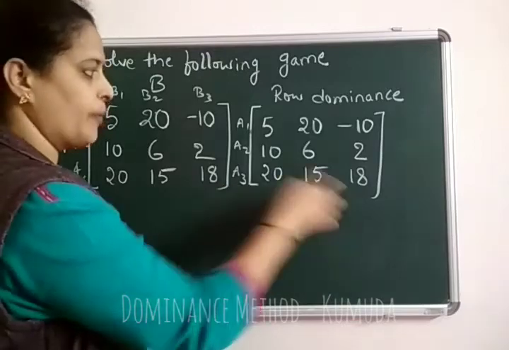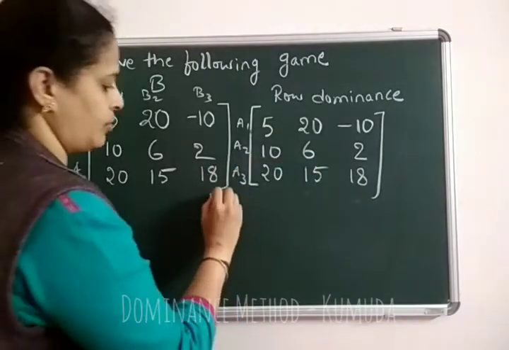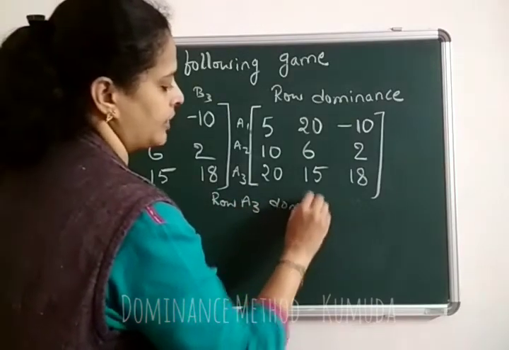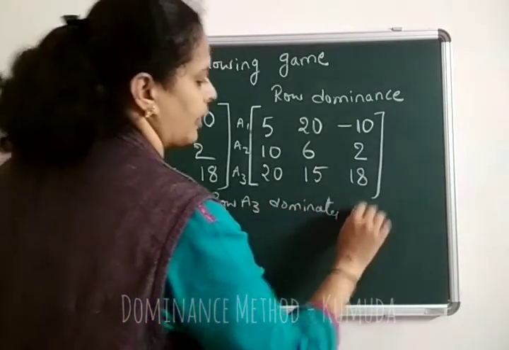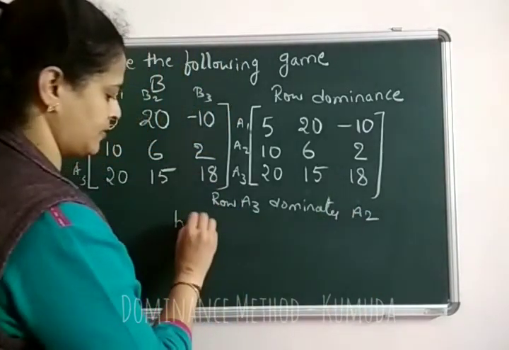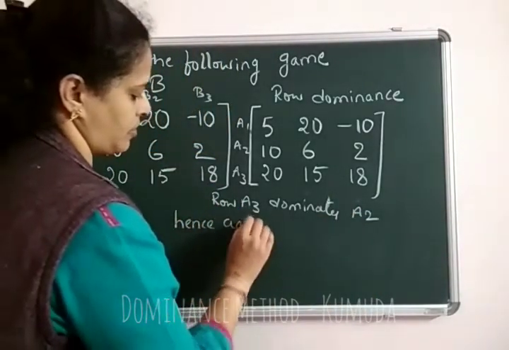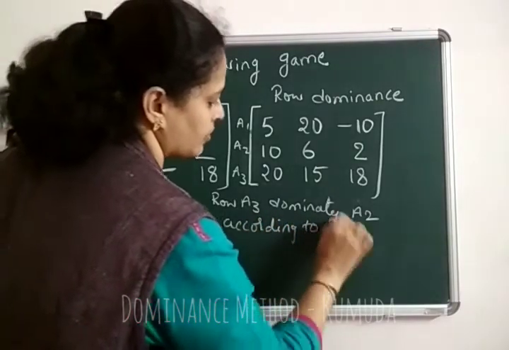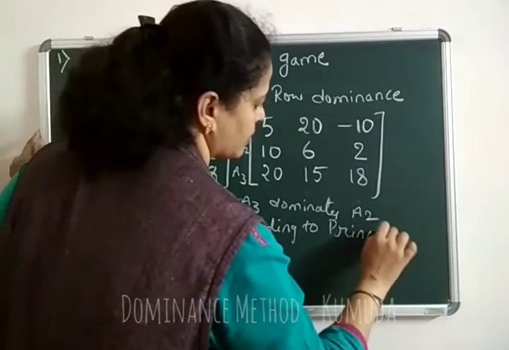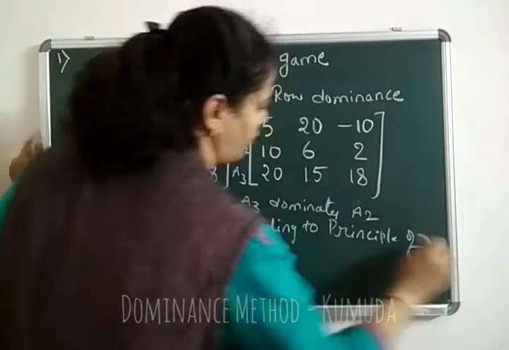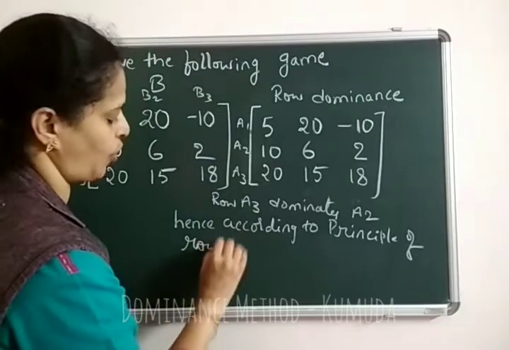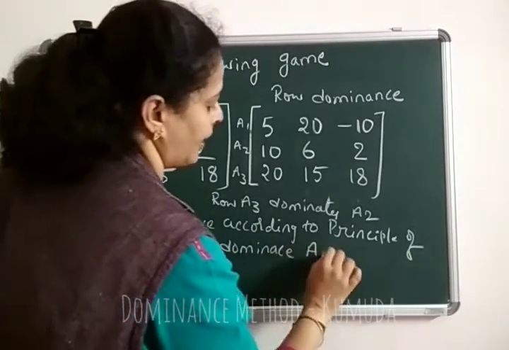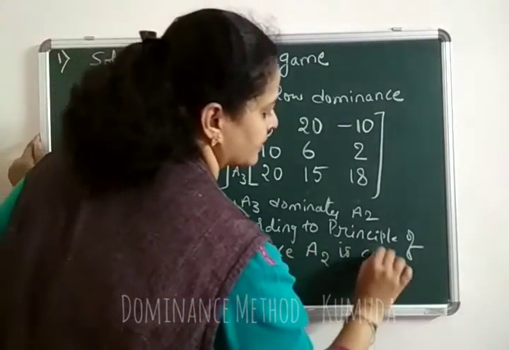So according to the row dominance, if we name them A1, A2, A3, we can see that A3 dominates A2, right? So row A3 dominates A2. Hence, according to the principle of row dominance, A2 is cancelled.